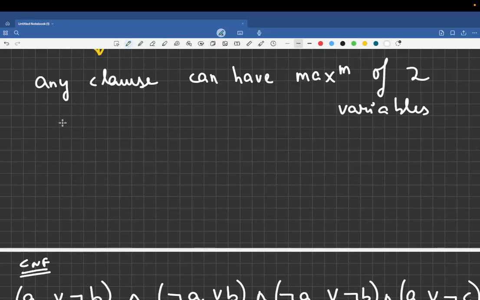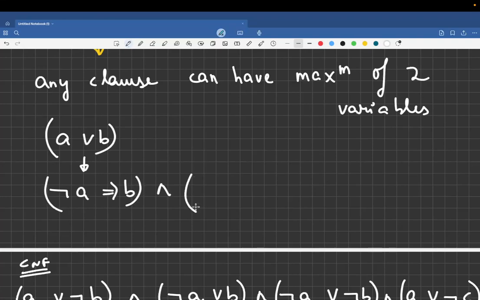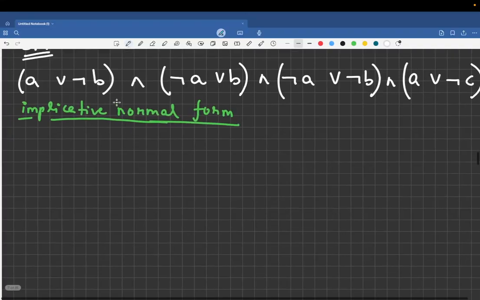If I have an expression A or B, I can write it as not A implies B and not B implies A. That is, if any of A or B is false, the other should definitely be true, because I want this to be true. This is how we convert it to implicative normal form.